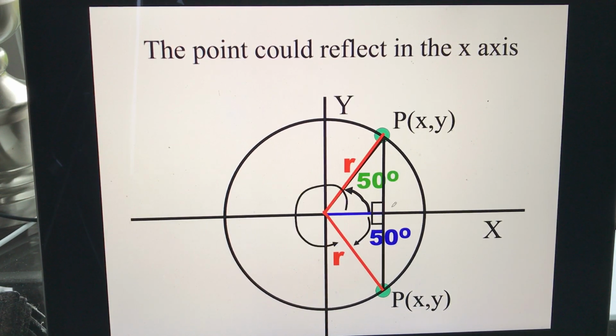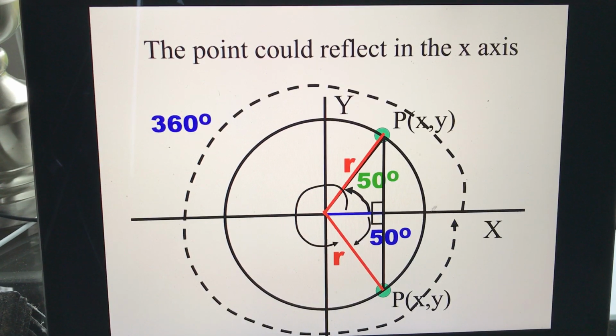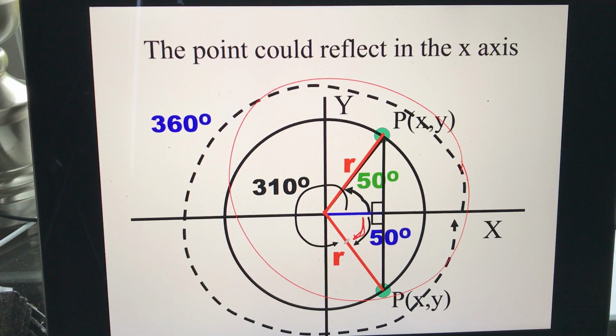If I know the whole circle is 360, I've used up 50, I'm left with 310. So on your calculator, try cosine of 50 and cosine of 310. You'll get the same ratio, the same value, because they're both using this x value and this r value.